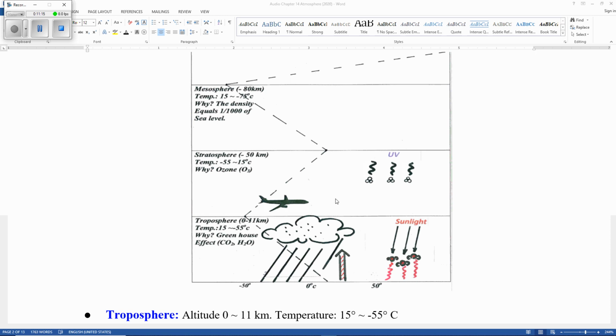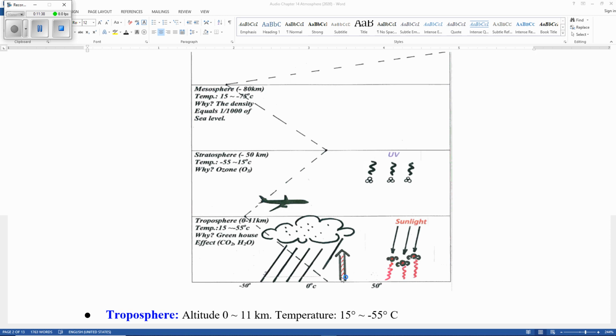So now inside this region, the weather conditions are stable. Why? Because the bottom is cold, lower temperature, and the top is hot. So the warm air stays on the top, and the cold air stays at the bottom.